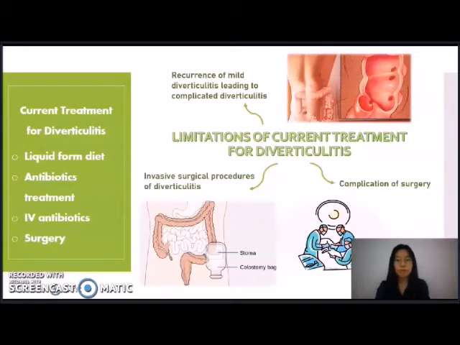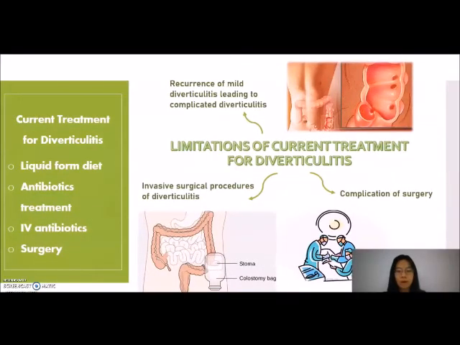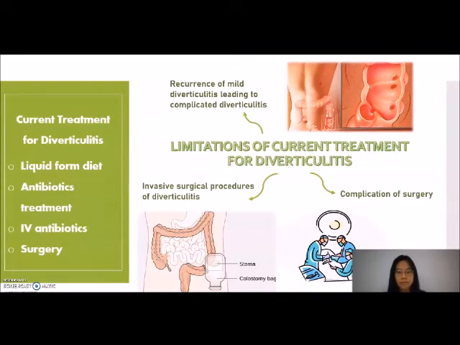Moreover, diverticulitis is often diagnosed in older patients, especially those aged over 40, where the risk of surgery often increases with age. Older patients tend to have more health complications and diseases too, such as hypertension, which is known as high blood pressure, and this increases the risk and complication of surgery even more.